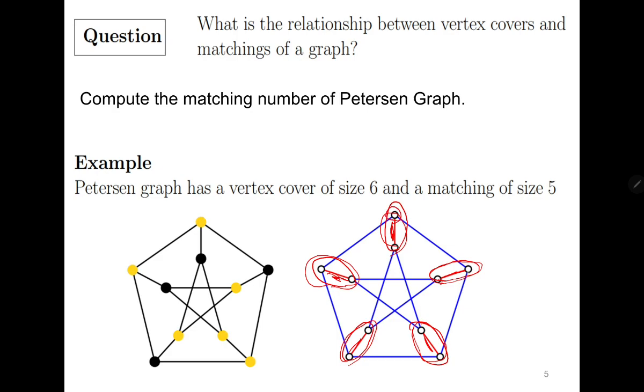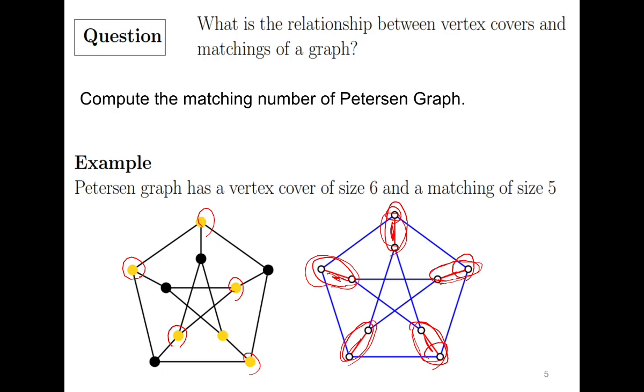You can see here the 5 vertices: 1, 2, 3, 4, 5. Surely these 5 vertices are a must, because the edges are independent. Without them you cannot cover these 5 edges, and there can also be other edges which are not covered.